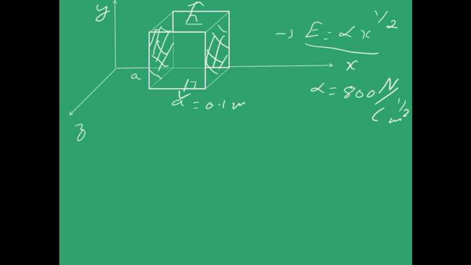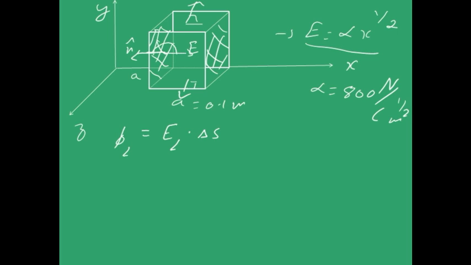Now, first let us calculate the electric flux through the left surface. Let me call it phi L. This is given by the electric field at the left surface and its dot product with the area element, that is the area of the left surface. Note here, the direction of the area vector of the left surface is towards the negative x-axis. Why is this to the left side? Because by convention, in a closed surface, the area points outwards.